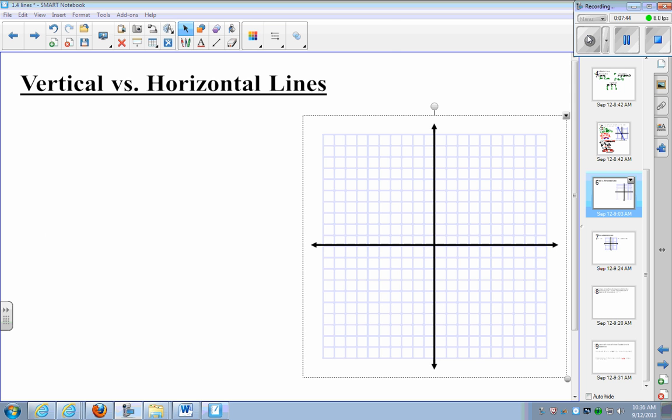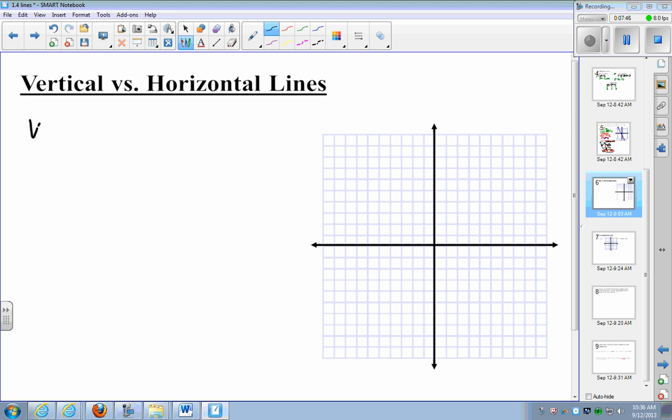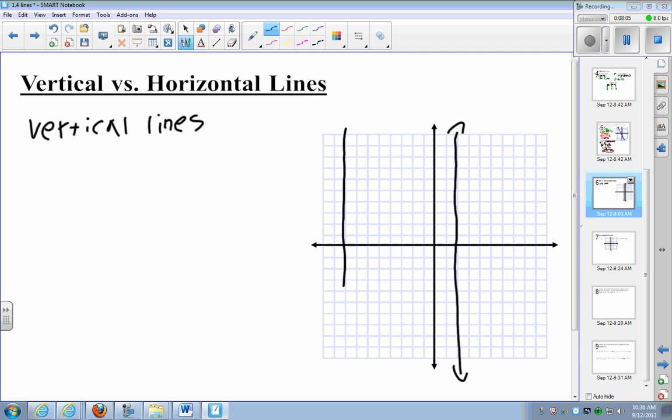So let's go over two types of lines. First, we have vertical lines. And vertical lines are represented by going strictly only up and down. So just like this black one right here, or like this one right here.